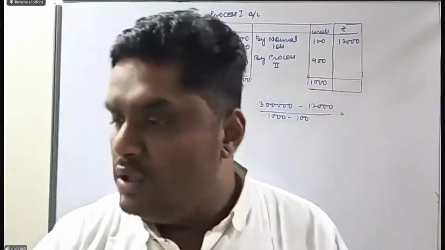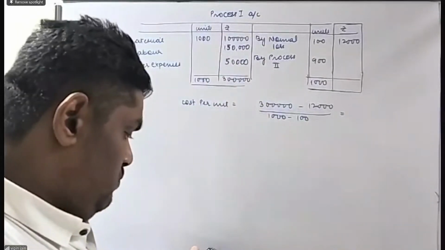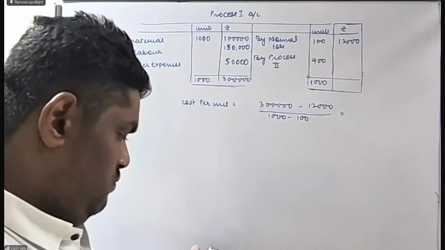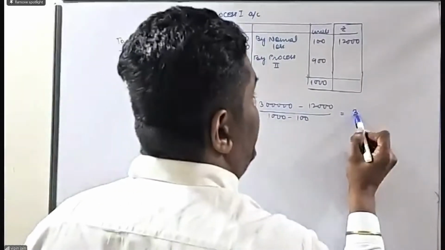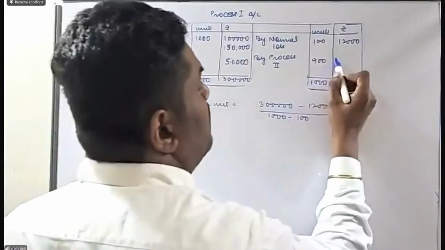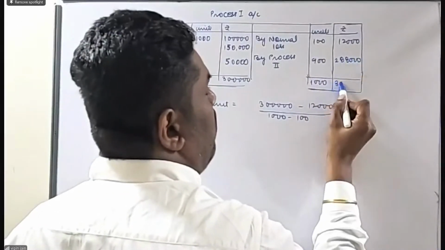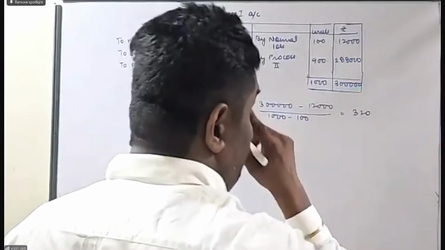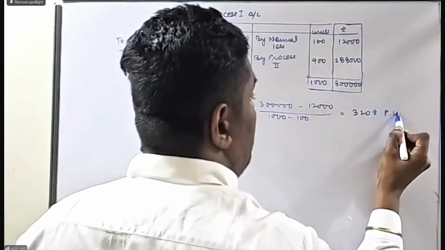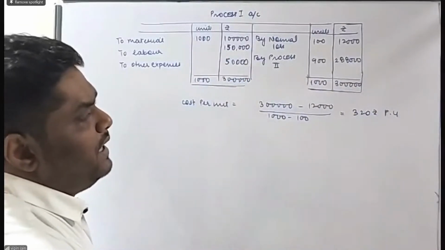So we will get the cost of good units. It will be 320. So this is how you have to deal with normal loss in process account.